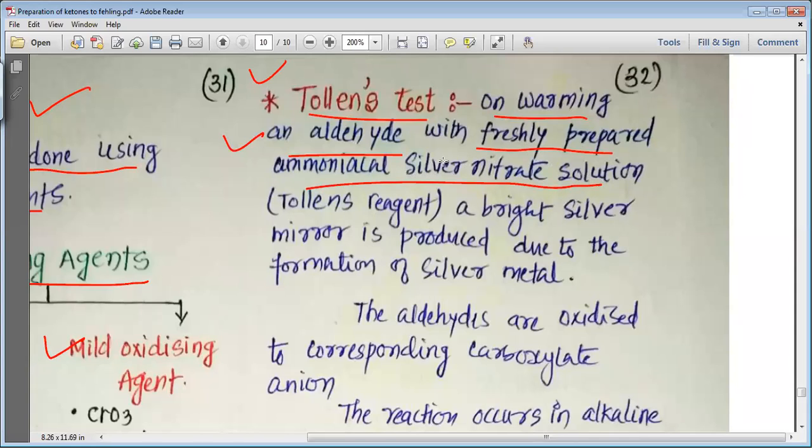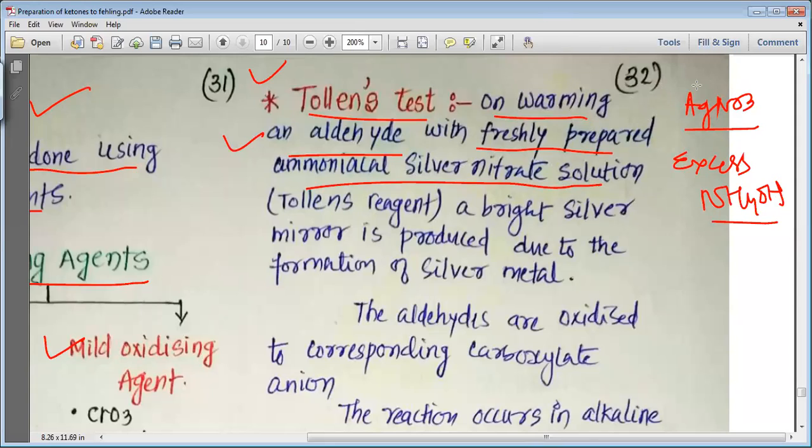This ammoniacal silver nitrate is prepared by adding AgNO3, that is silver nitrate, to excess NH4OH, which is also known as liquor ammonia or ammonium hydroxide.